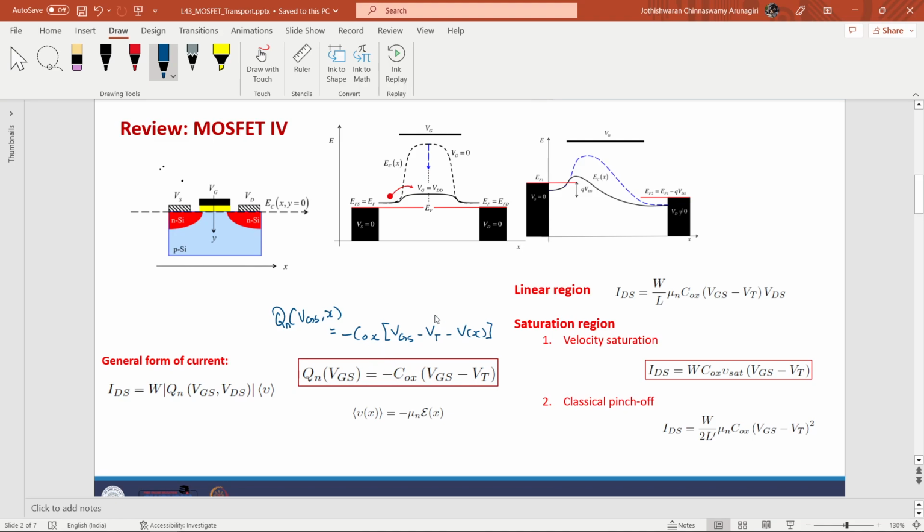Yes, sir. So this is the charge that is available at a particular point X along the channel. So that charge into the applied electric field times whatever relaxation time divided by mass will give me the current. Therefore, the mobility will essentially vary depending on the local charge carrying concentration at this point x.